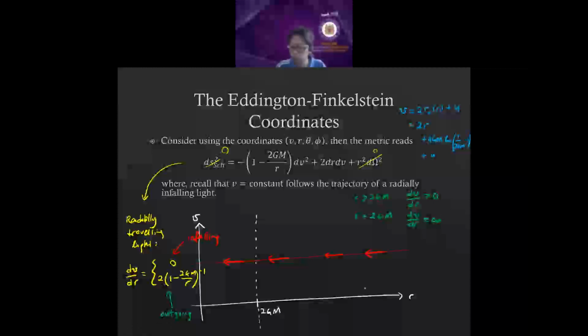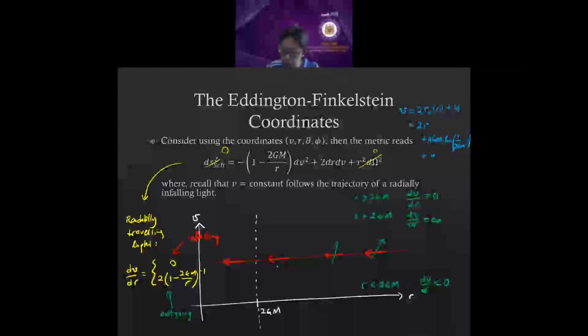Whereas for r less than 2GM, dV/dr is less than 0. So if I now try to draw the direction of the path of the outgoing light, it's going to look something like this.